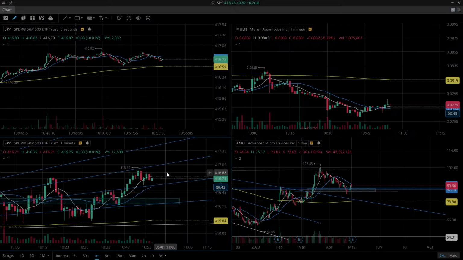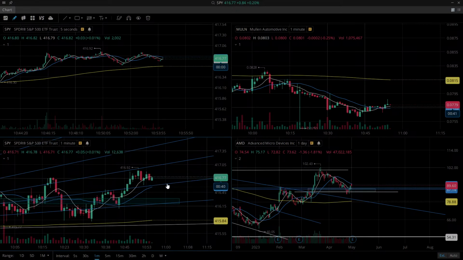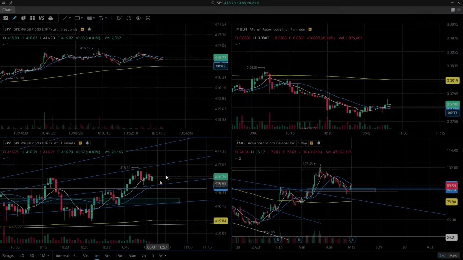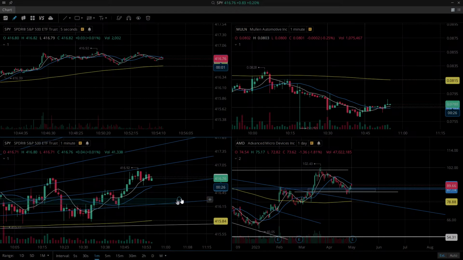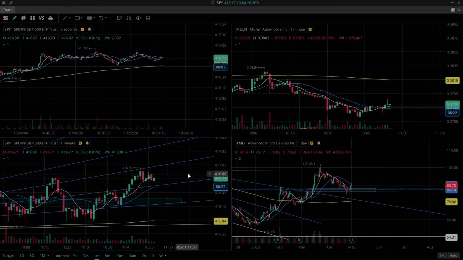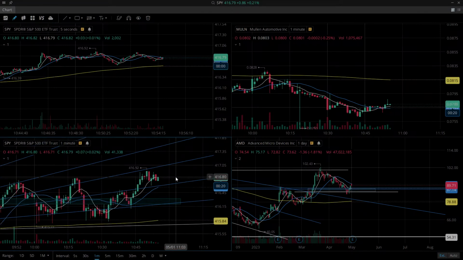I wait for the break, because if it breaks that, cool, it'll go to the next fan line. If we get a 1-for-1 down, we'll go back to this old supply zone. But in the middle of this, I'm not going to be on either side of that till I see the break. That's just my style, though.